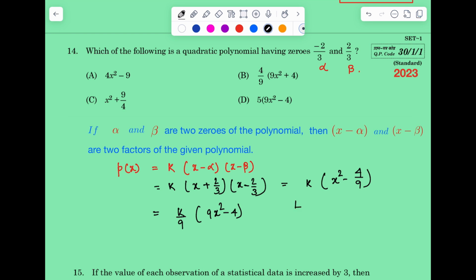You can take, let k is equal to 45. This implies p of x will be equal to 45 by 9 into 9x square minus 4, which is equal to 5 times 9x square minus 4. This will be the answer.